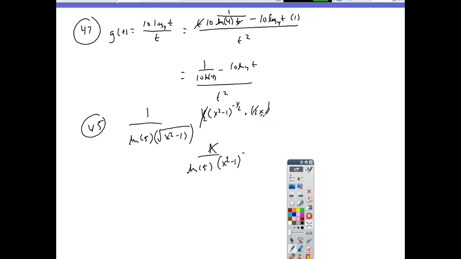Obvious simplification steps. If I was grading that, I would get rid of the 2's. I would have to argue you'd have to get rid of the 2's because otherwise that's bad. If I had a magic wand, I'd say you'd have to deal with the fact you've got a negative square root up here and a square root on the bottom, so you should probably put those together. I'll tell you this, on the multiple choice, the answer is going to look like this, so you'd have to be able to get to there. In the free response section, they might let you keep that.